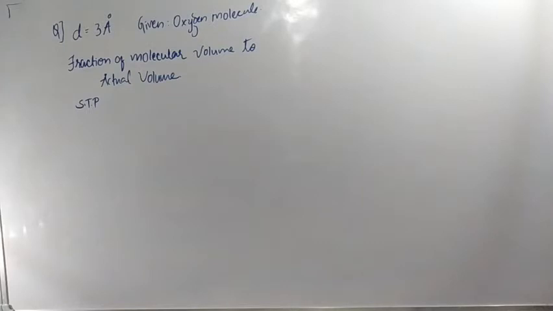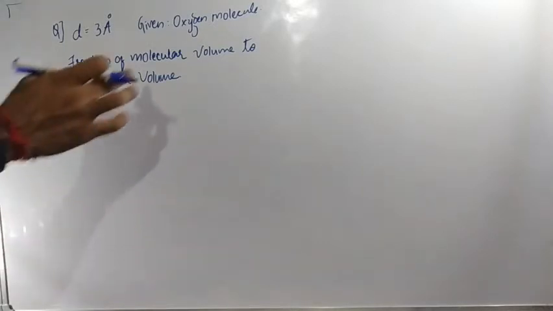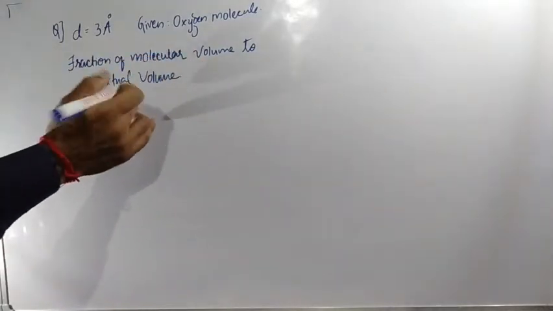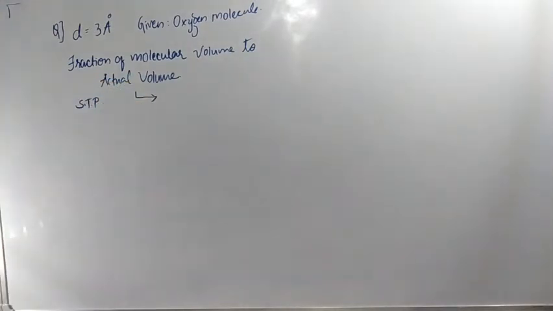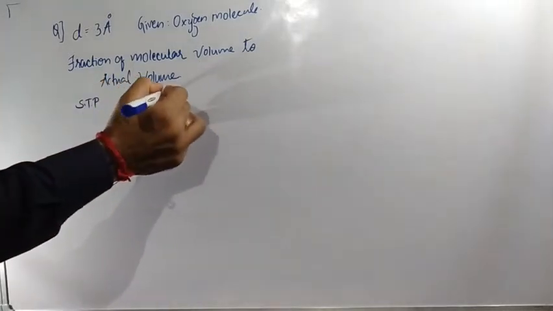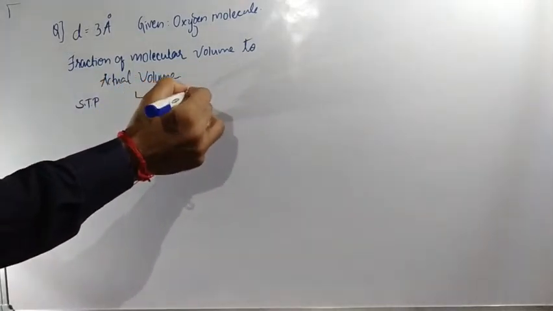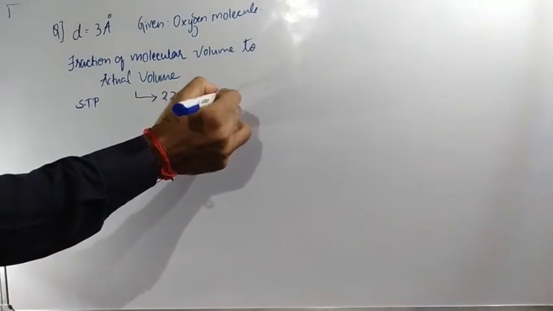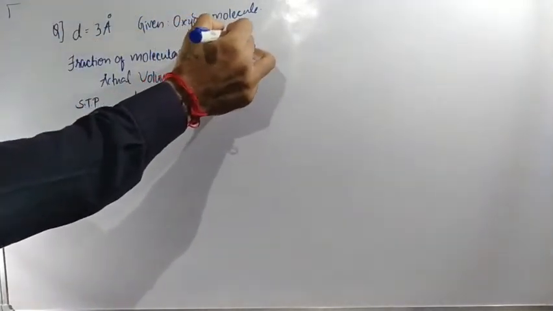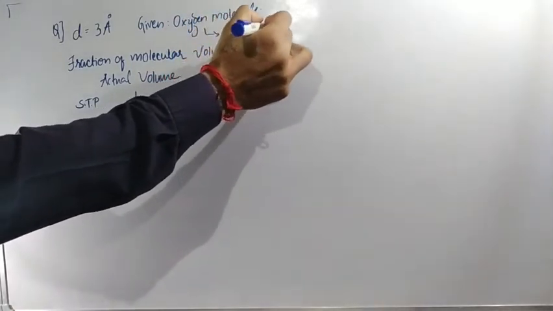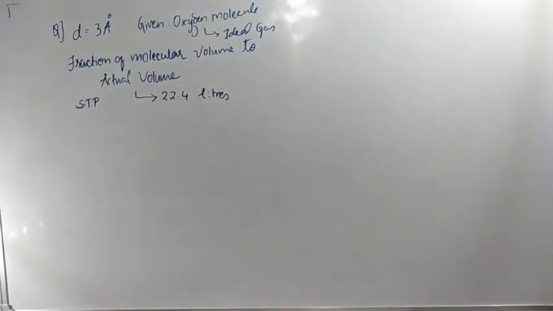We first have to calculate the molecular volume. The actual volume we already calculated in our previous problem. This value turned out to be 22.4 liters basically, by treating oxygen as an ideal gas.